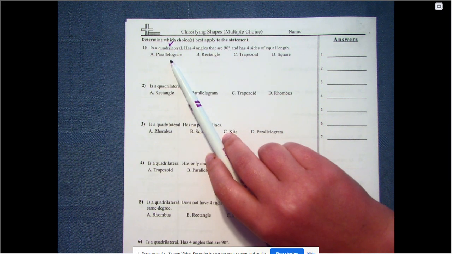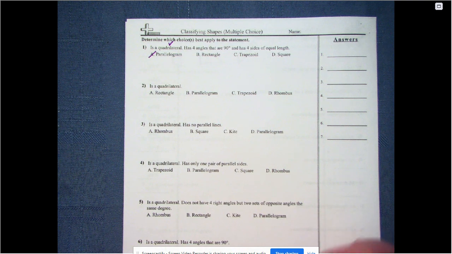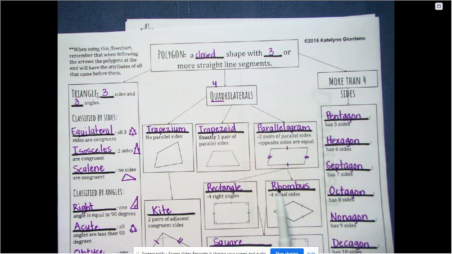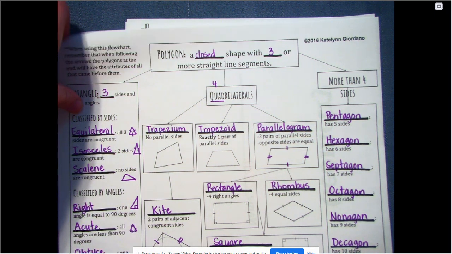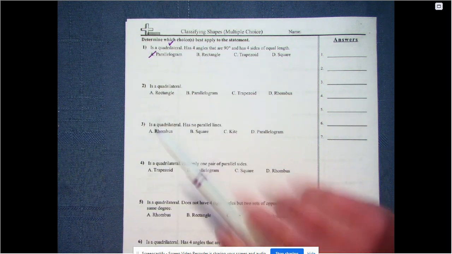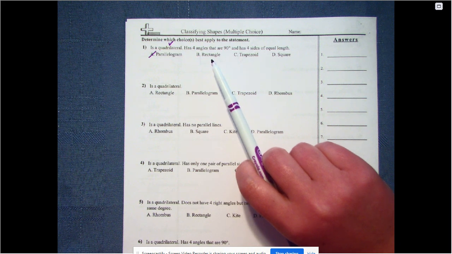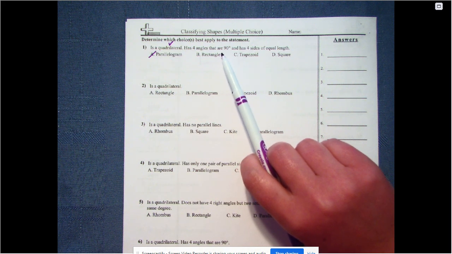Does the parallelogram have to have 90 degrees? No. If I look at my example over here, this parallelogram does not have angles that are 90 degrees. So I know it can't be a parallelogram, or I can be more specific than a parallelogram. Does a rectangle have to have angles that are 90 degrees?